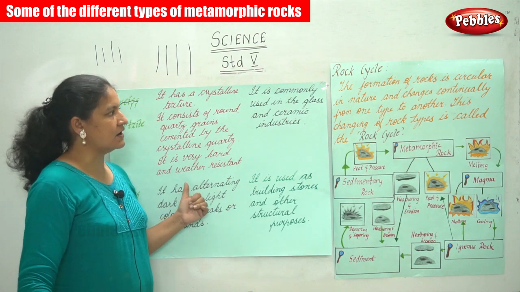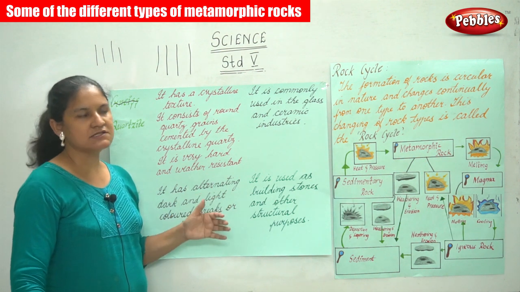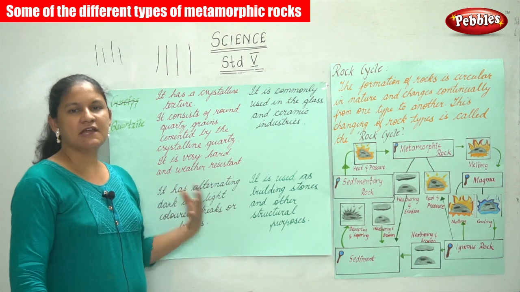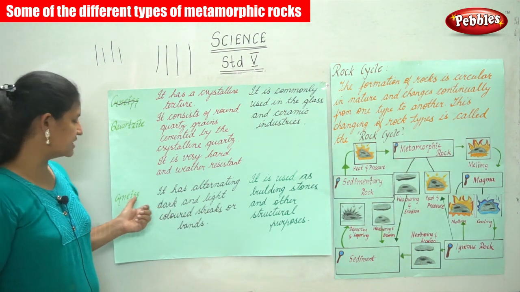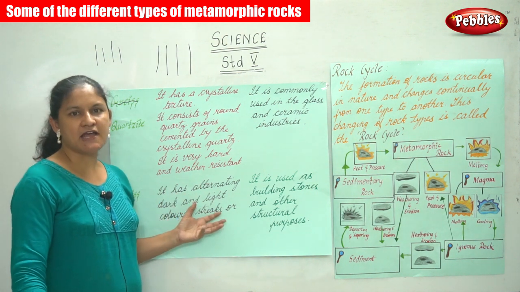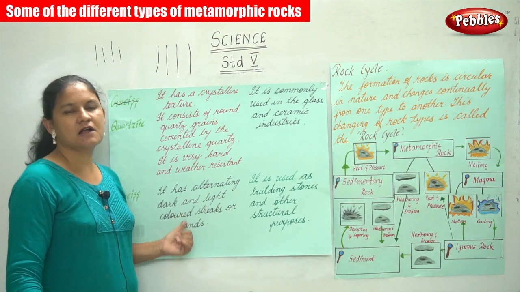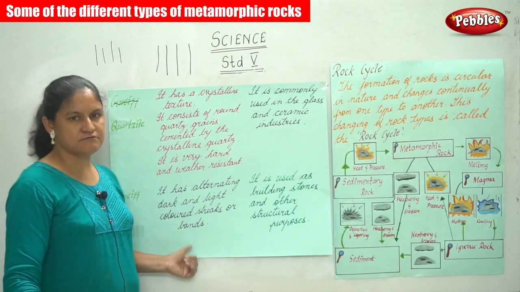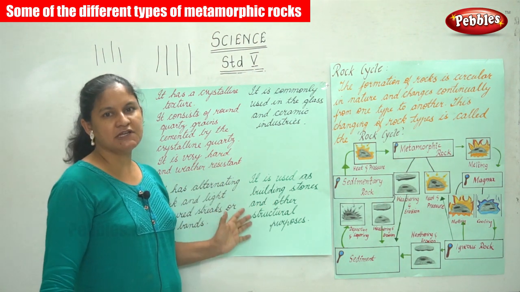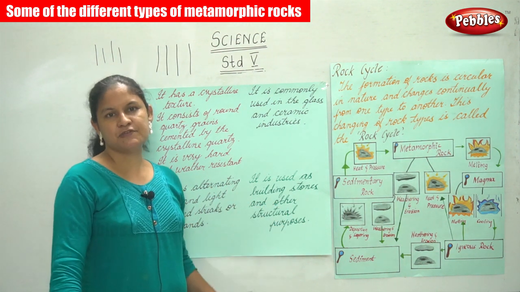It is commonly used in the glass and ceramic industries. Gneiss has alternating dark and light colored streaks or bands, and it is used as building stones and for other structural purposes.